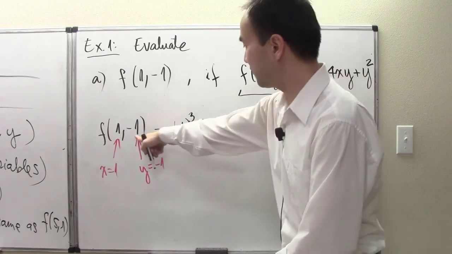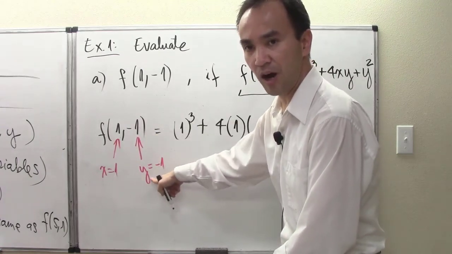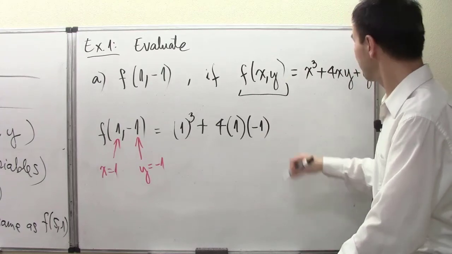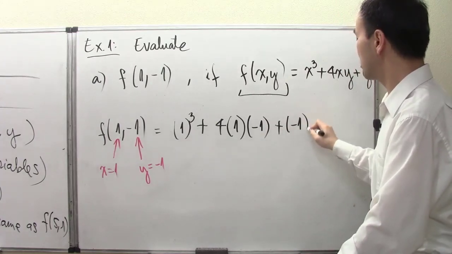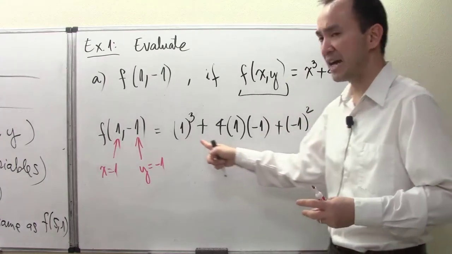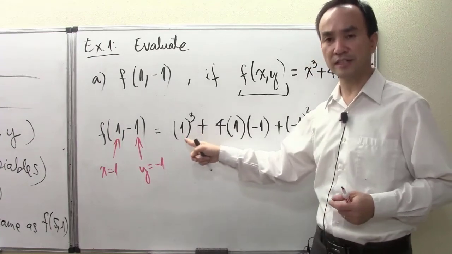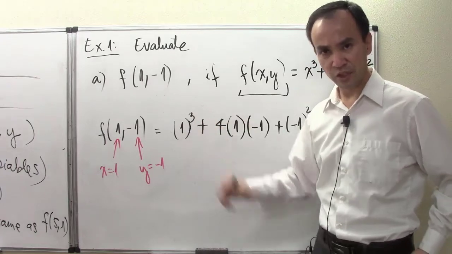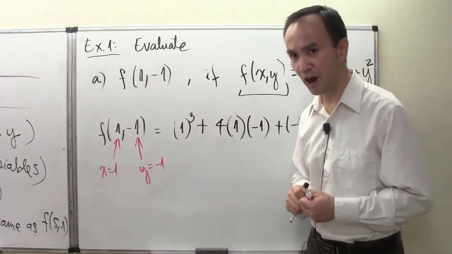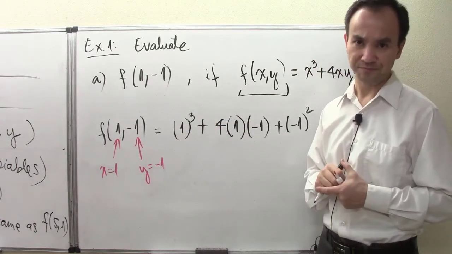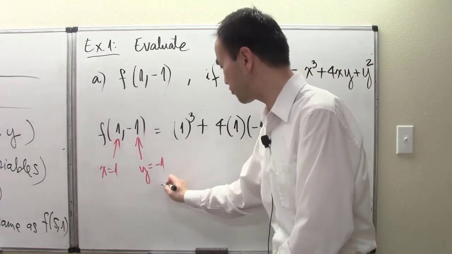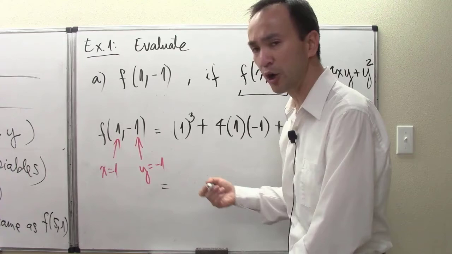The y variable is assigned to be negative 1, so now it's negative 1 plus negative 1 all squared. I highly recommend using parentheses extremely carefully anytime you're doing a substitution, especially when we're involving more than one variable. Now we can proceed further into the evaluation.